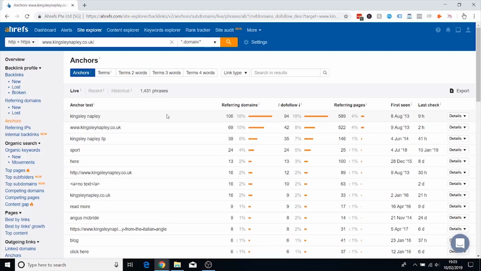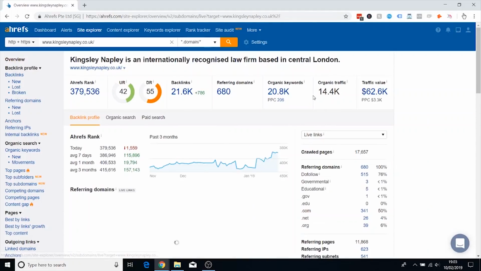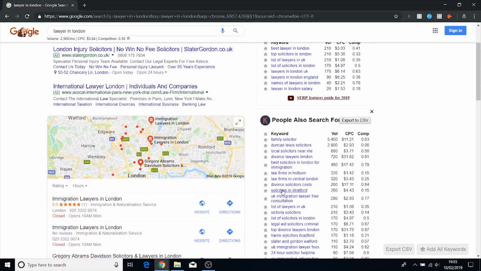So taking a look at these sites right here, I would say that this is a project that will take a minimum of 12 months to get to the top 5, and it would take quite a large budget to do so as well. But that being said, this is an extremely profitable keyword.